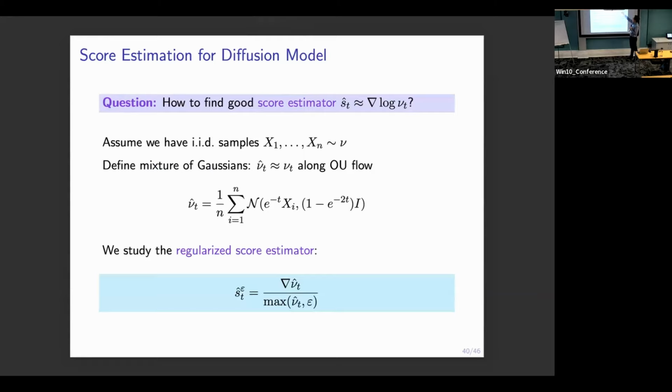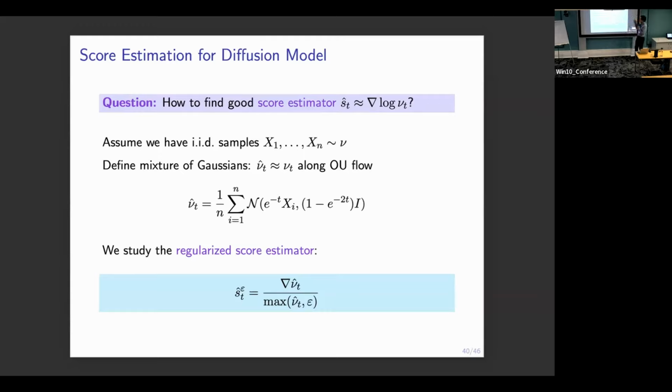We want to estimate the score at time t along the OU process. We know that at time t, the solution to OU looks like some rescaled version plus Gaussian. So from the samples, let's form this mixture of Gaussians. This will be an estimator to this true distribution. Then let's take the score function of this one and regularize it a little bit. So this looks exactly like before.